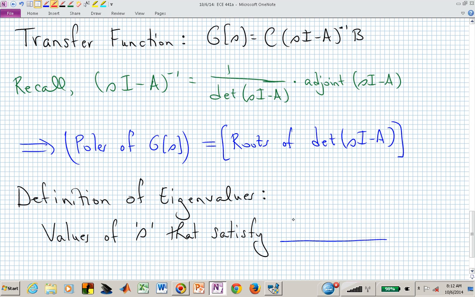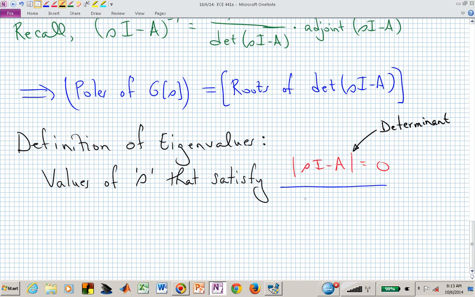Okay, so you might have seen this as lambda I minus A equals 0, right? We are now simply going to make the connection a little bit more direct and just say that variable, that constant, which can be complex, is now this S. It's our complex frequency variable, values of S that satisfy, and I'm using some notation here, these vertical bars mean that we're dealing with the determinant.